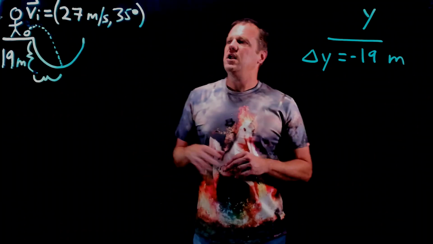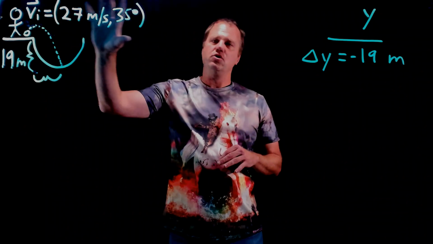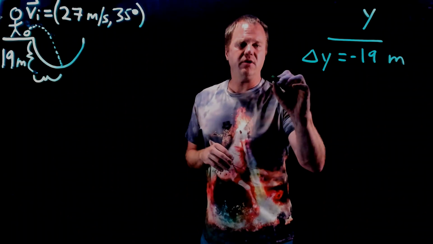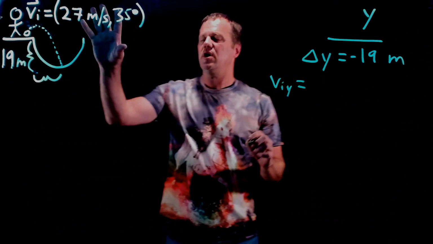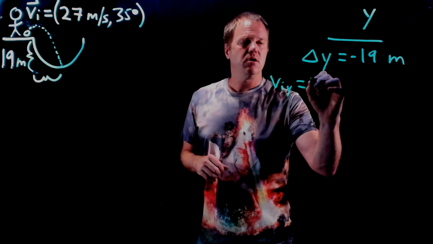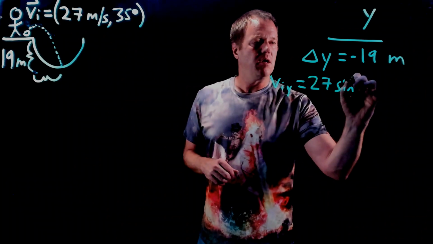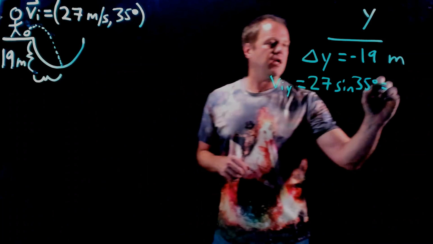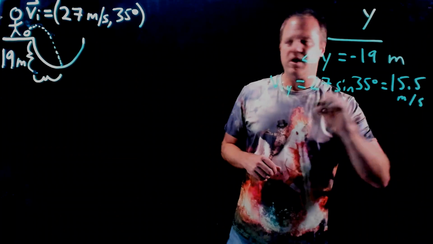Another piece of information I can get is from the magnitude and direction of the initial velocity vector, and I can calculate it using a little bit of trig. The y component of that vector will be 27 times sine of 35, and I throw that into my calculator and I get 15.5 meters per second.